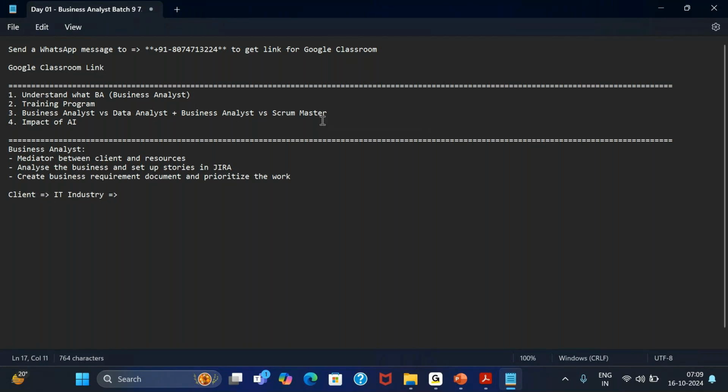The business could be anything. For example, I could be owning a shop, an apparel shop, or I could be owning a laptop showroom wherein I'm trying to sell laptops. It could be anything.